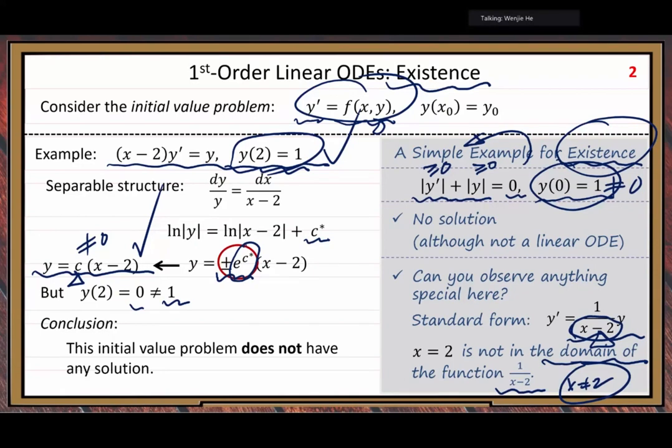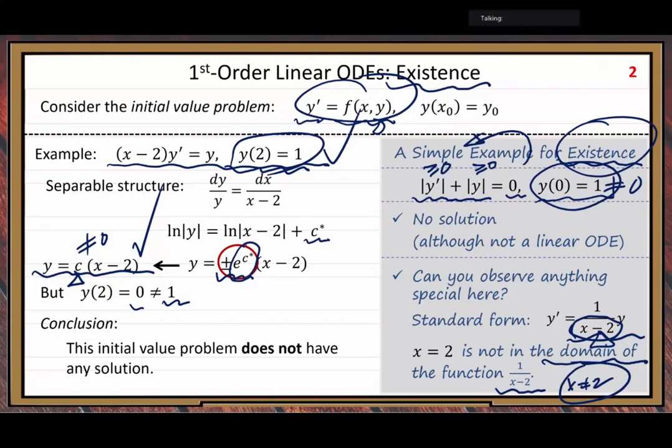Only this point is not allowed. That's the domain of the f function. But the point where you take the initial value appears outside of the domain. That's the reason your ODE does not have any solution.